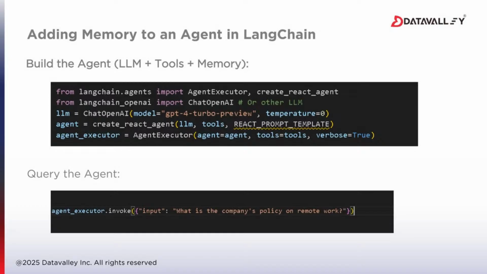Next, query the agent, the last step. If we ask the agent a question which requires it, it will retrieve the information from the long-term memory which we have created. The line I mentioned runs the agent with the specific query that we are passing here: what is the company's policy on remote work.